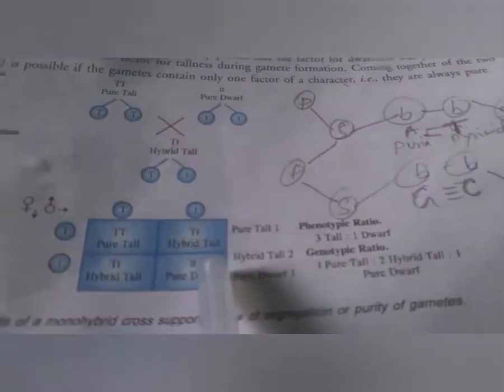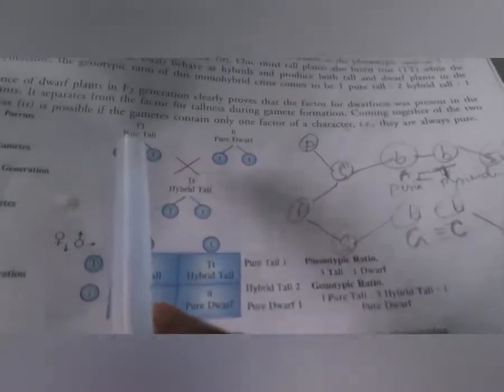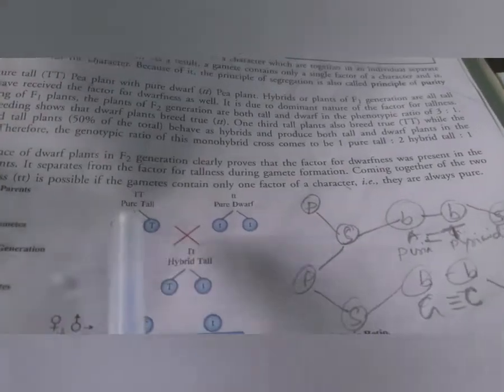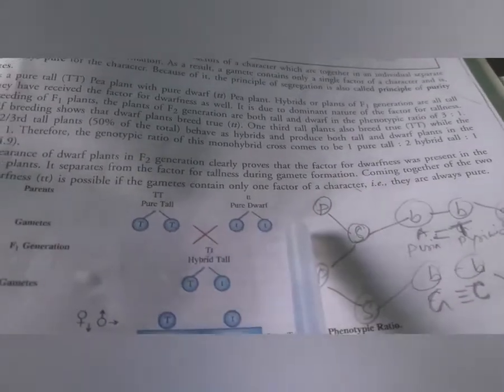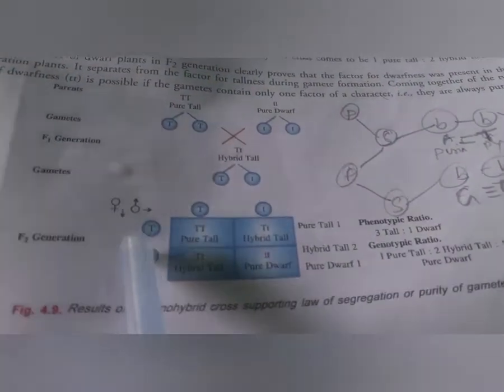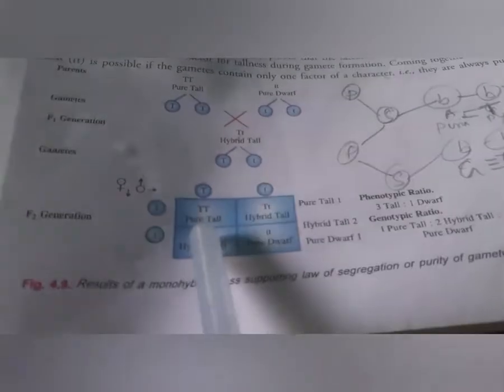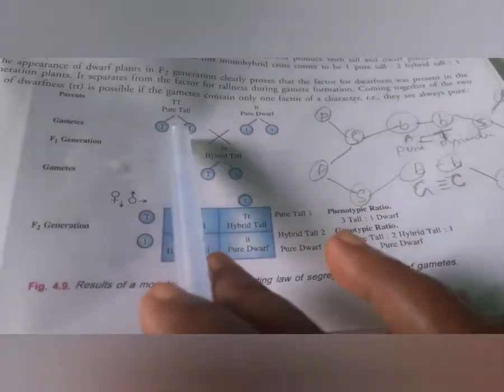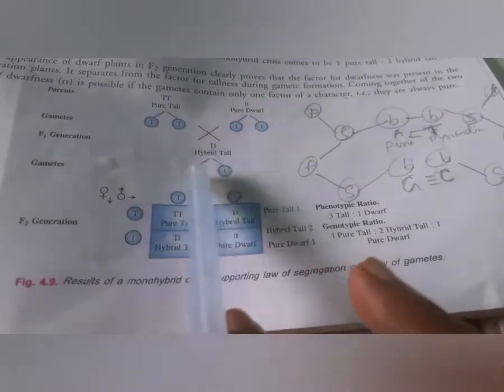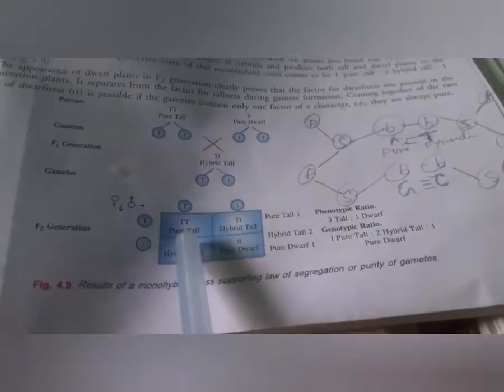Here you can see in this cross, when gamete formation takes place, the 2 alleles or 2 factors are separated, T and t. During gamete formation, when these gametes are self-pollinated, what do we get? That means the purity of this character is maintained. Once again they cross and combine together, T and t, but they are again separated, that means segregated, in the second filial generation.